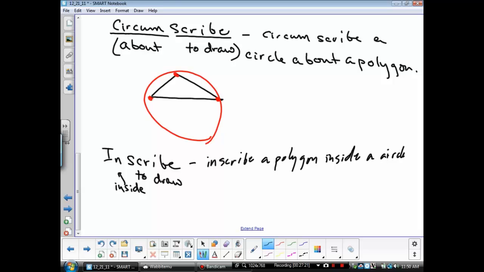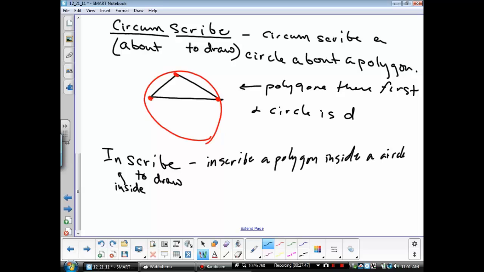Here, the polygon was there first. We need to draw a circle with those points. Yes, the circle must go through those points. It's called circumscribe.